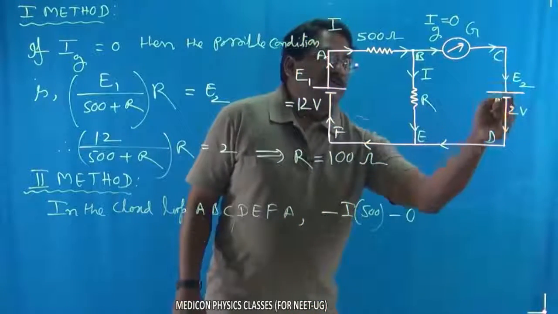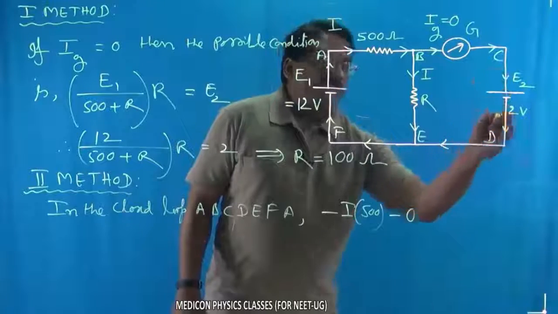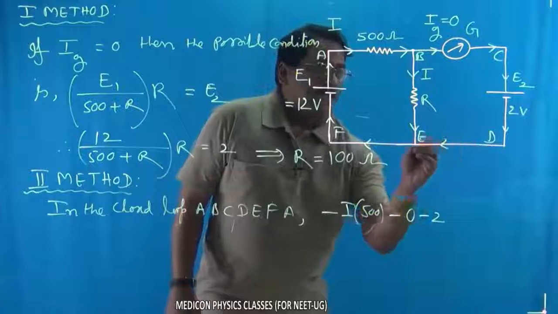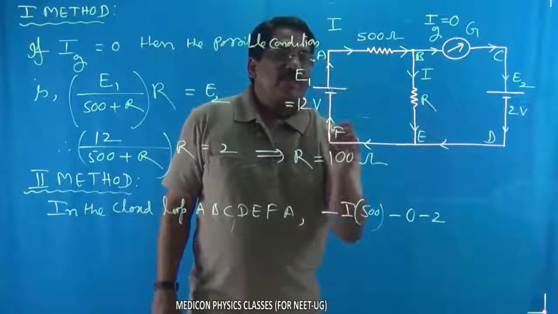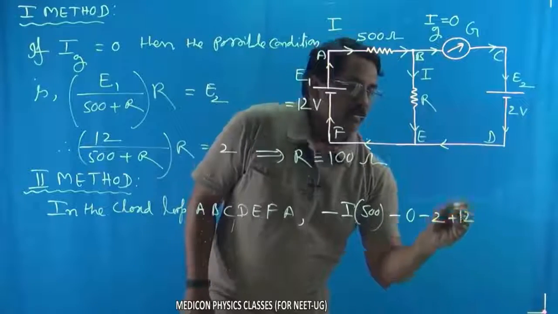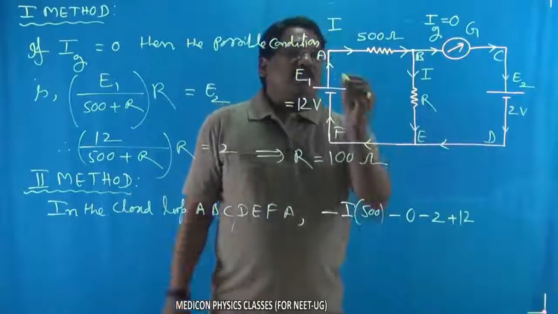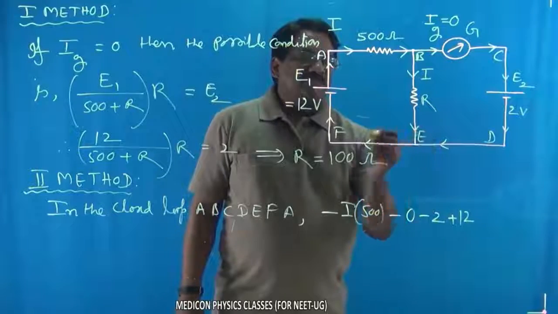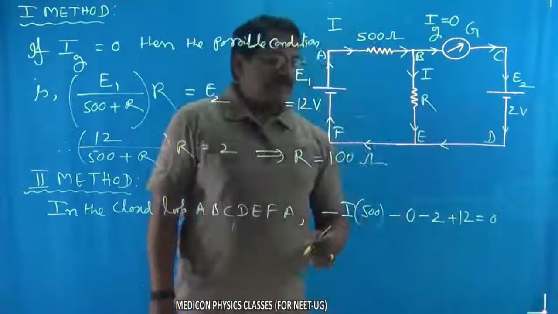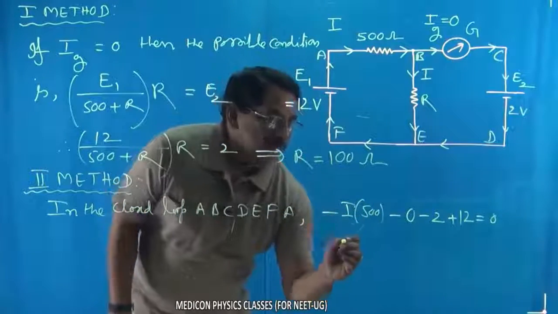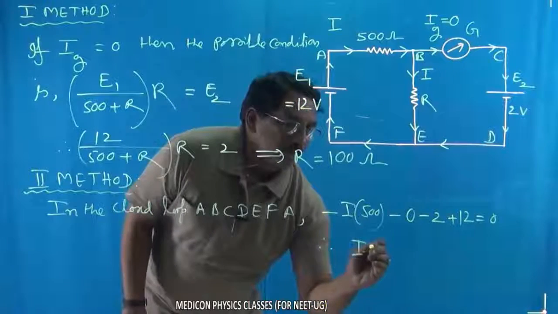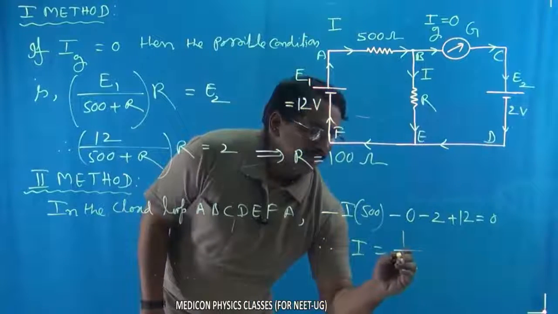Here we are going through this cell from positive to negative, minus 2. And here we are passing through this cell from negative terminal to positive terminal, this is plus 12. So the algebraic sum of potential drops and EMFs in this closed loop must be equal to 0. And from this, I comes out to be 1 by 50 amperes.